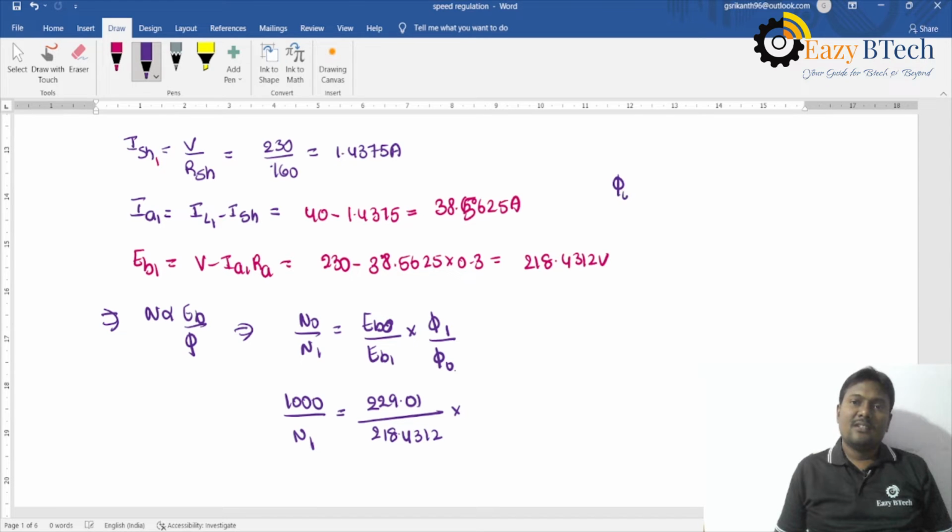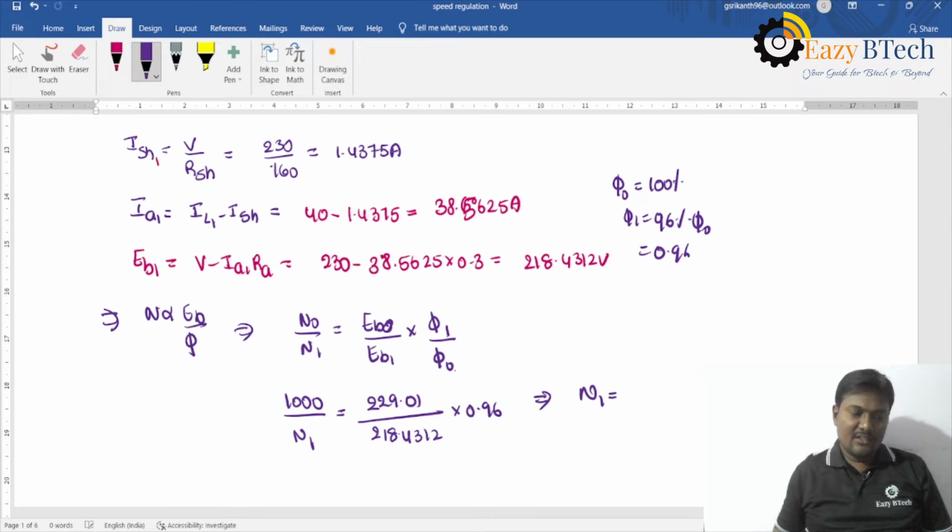As I said, the phi naught value is 100% and phi1 is 96%, so the ratio is 0.96. From this the speed is equal to 993.5483 rpm.